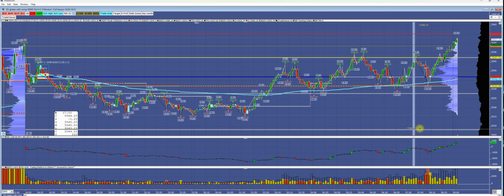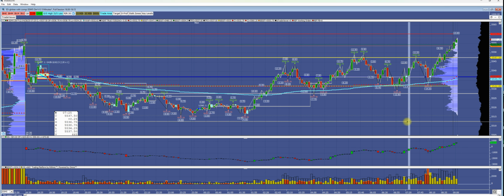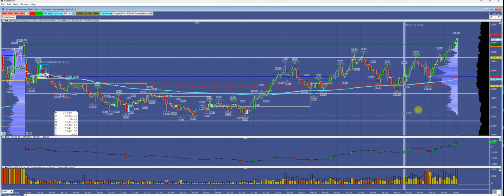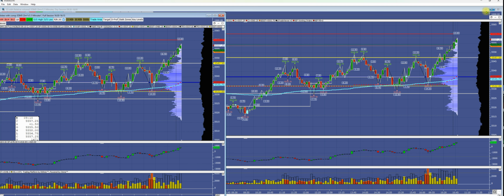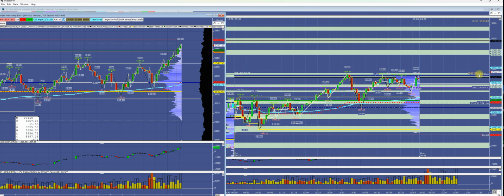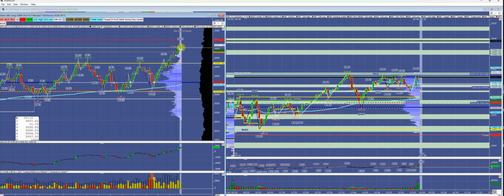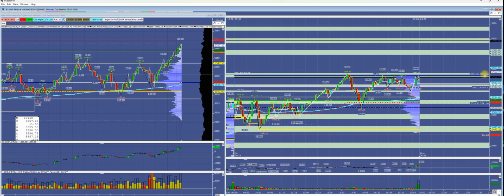The low of the Globex is 55.16 and a quarter. We're putting new highs in, so I've got to put that new high. So now, what's the new high? New high is 55.58.